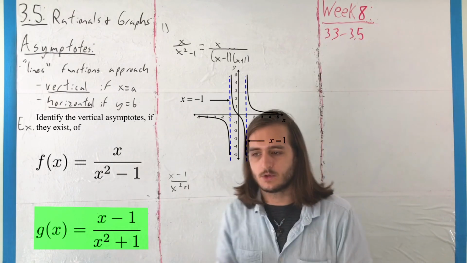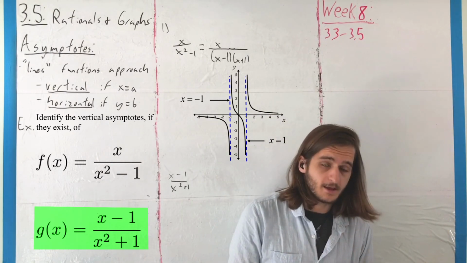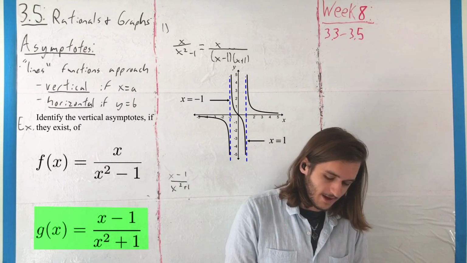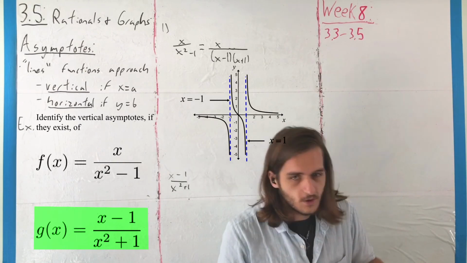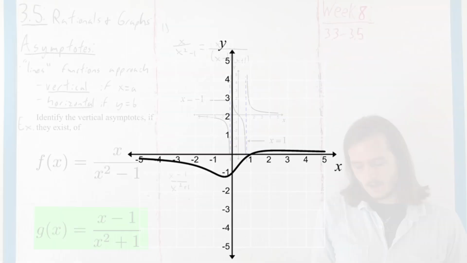In terms of the real numbers, this can't be factored into anything else, and because we can't factor it, we don't have to worry about whether or not the factors cancel. And so we don't actually have any vertical asymptotes. Our graph is just going to look something like this instead.